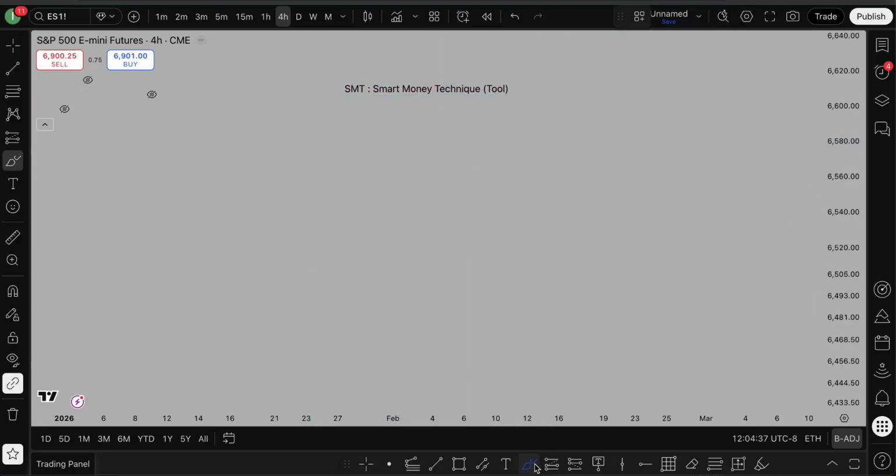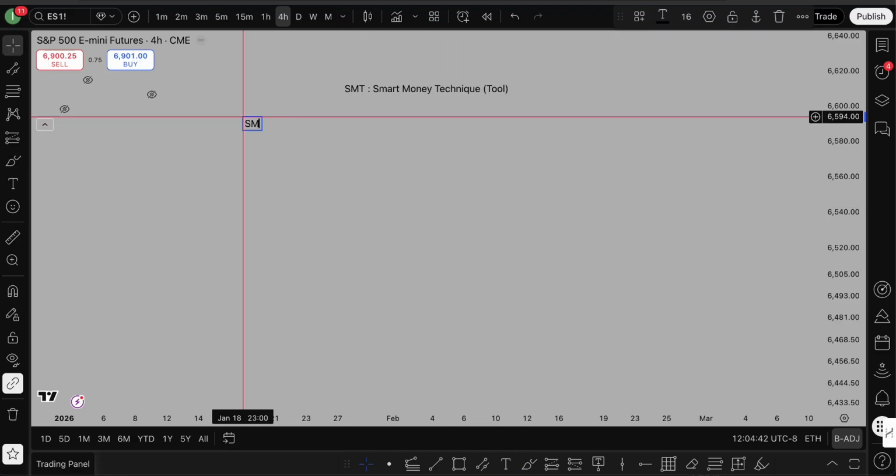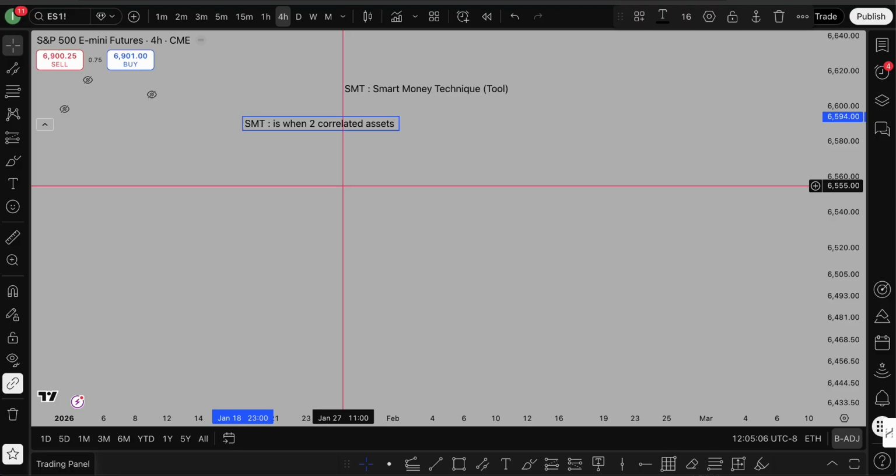An SMT is when two correlated assets move in harmony, and then one of the two leads the movement.